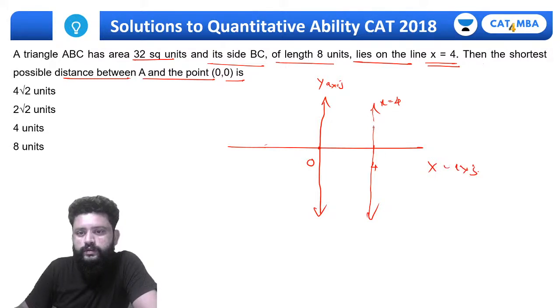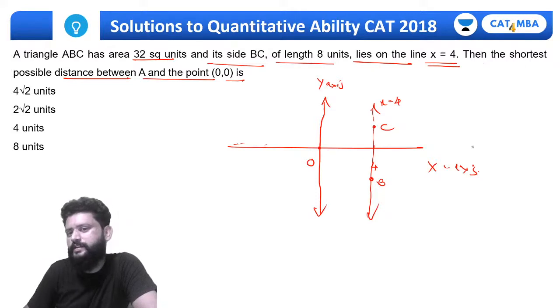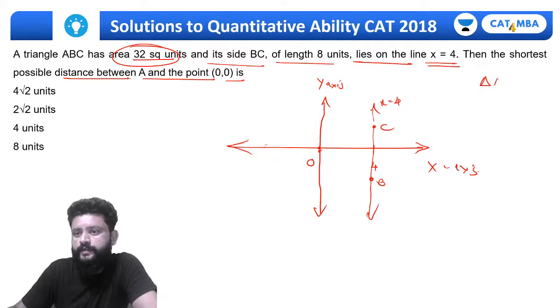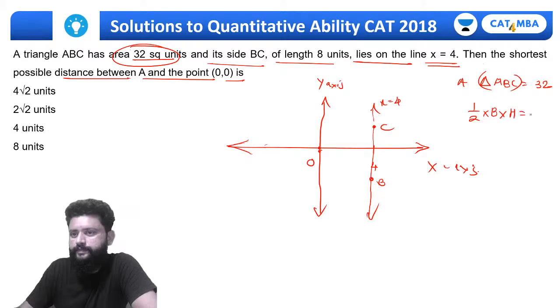Now we know BC will be somewhere here. BC, A point will be somewhere here, right? It should be near 0. If you take it over here it will go far, right? The shortest distance between this point and A: the area of triangle ABC is 32, can I say half into BC into height is 32?